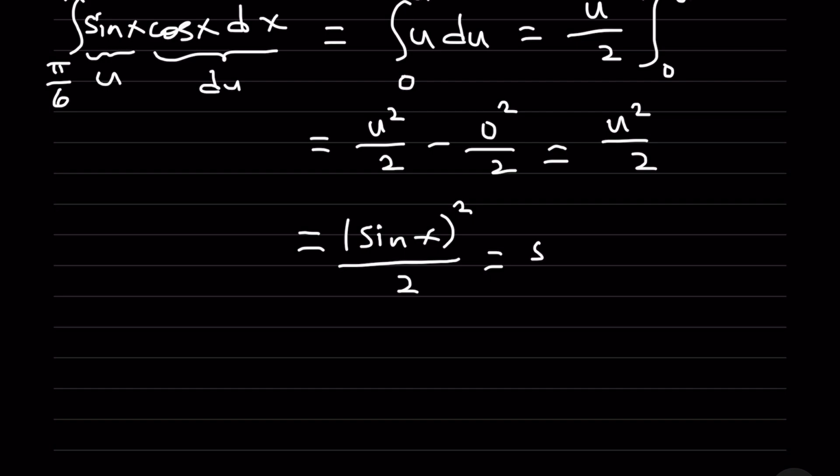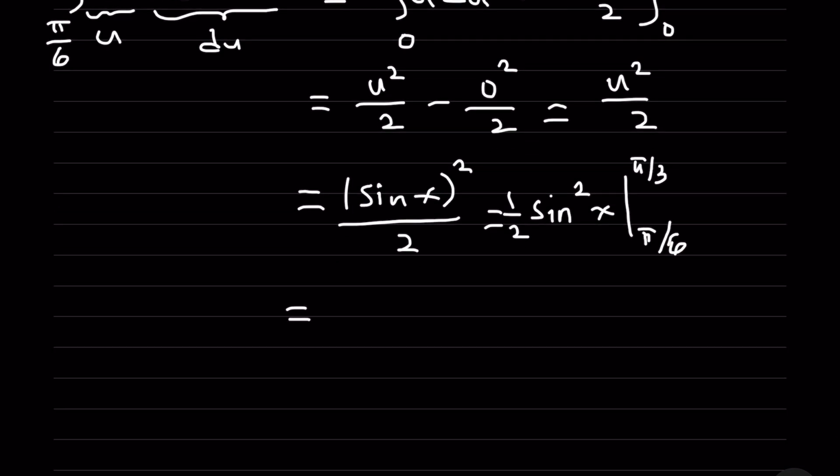So you have sine x raised to the second power divided by 2. Or you can write this as 1/2 sine squared x evaluated from pi over 6 to pi over 3. Take note that pi over 6 is actually 30 degrees. Pi over 3 is 60 degrees.